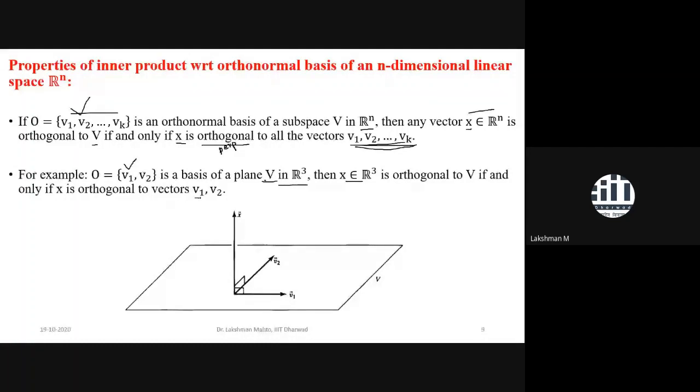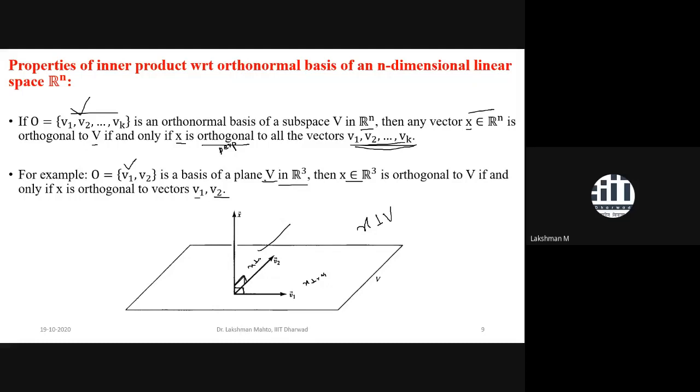You can see this idea from the picture. You are taking x, and you can easily see that x is perpendicular to V1. This sign is the notation for perpendicular, and x is also perpendicular to V2. So simply you can say that x is perpendicular to V. Why? Because x is perpendicular to V1 and x is perpendicular to V2.